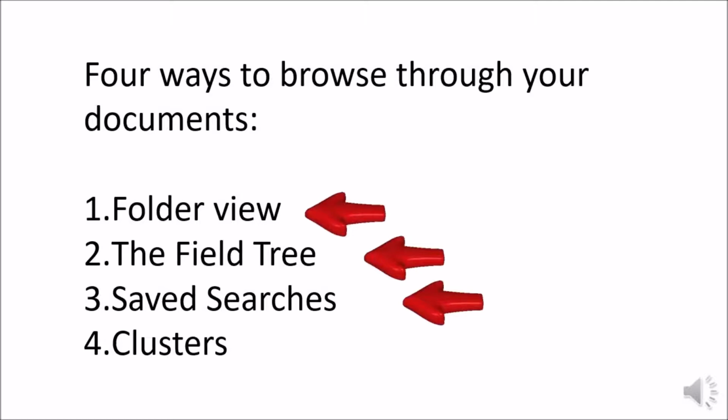Even in Relativity, it might take a few minutes to bring up all the documents with a particular keyword combination in it. And so once you have that list grouped together by the keywords, you can save that search in your personal settings. And then when you want to do that keyword search again, you don't have to. You can just go to Saved Searches and bingo, it'll be there for you. So that's one reason why you'd save your searches.